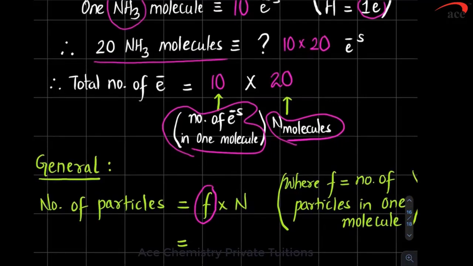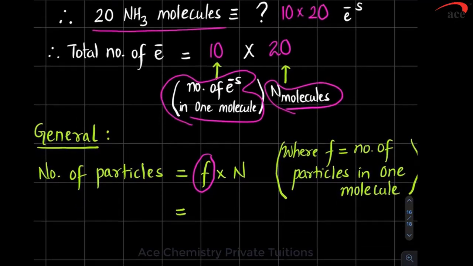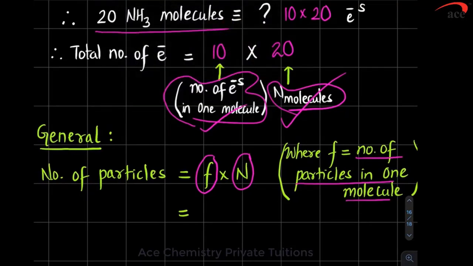You can call it factor: whatever number of particles are under interest, those particles in one molecule. We'll call it simple number factor. And what does N stand for? N stands for number of molecules. So if you take number of molecules, multiply by number of particles in that molecule, you will get the required number of particles.